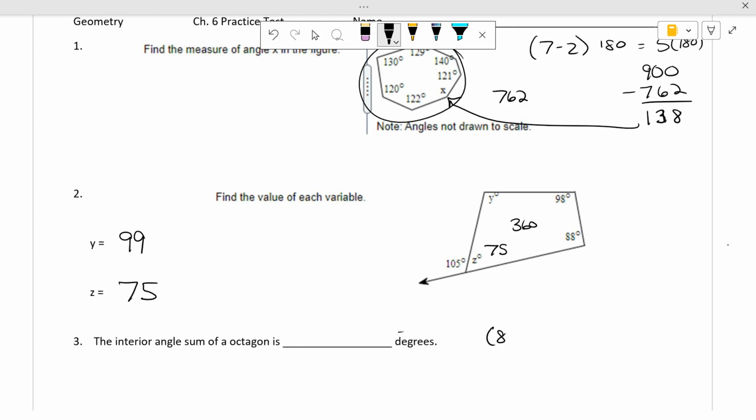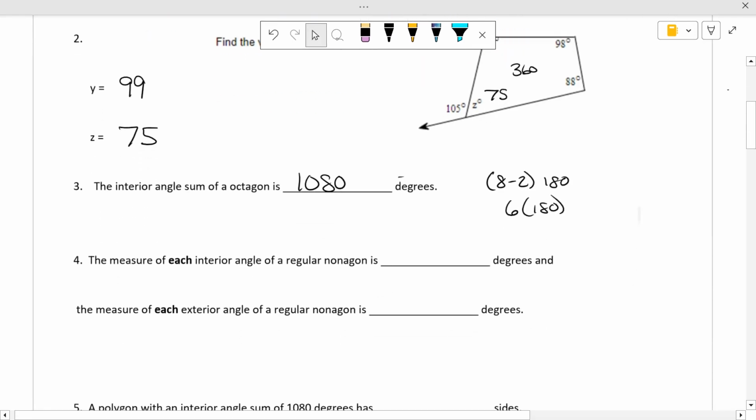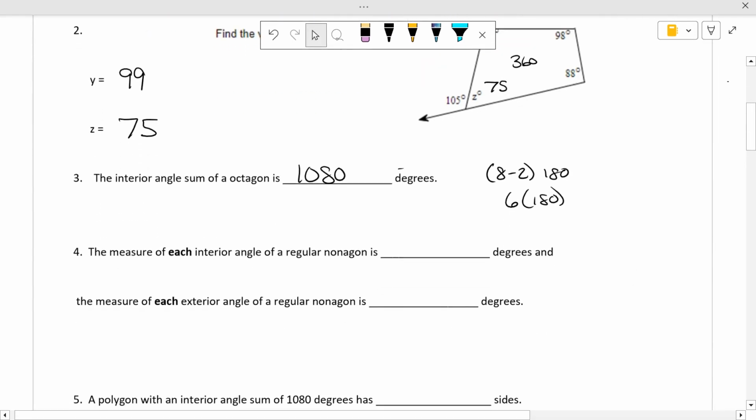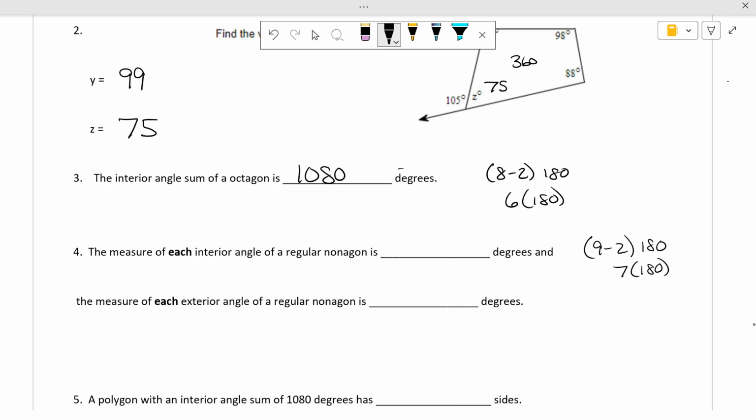The interior angle sum of an octagon. You take 8 minus 2 times 180, which is 6 times 180, which is 1,080. All right, a nonagon. 9 minus 2 times 180 is 7 times 180, which is 1,260.